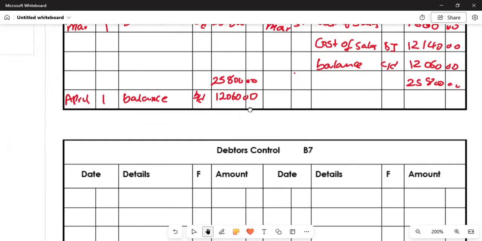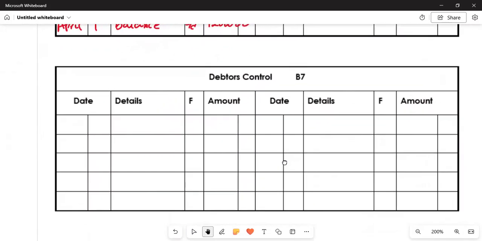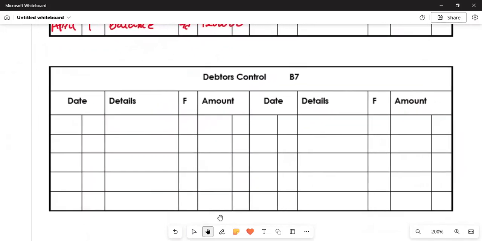Now we move on to debtors control. So this is what we are to do now. Debtors control. Debtors have debit balance. So it means we are going to start our balance from the debit side. So that is 2020 March, and then you're going to say first, and then write balance.